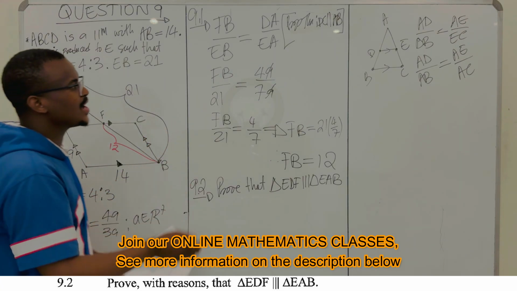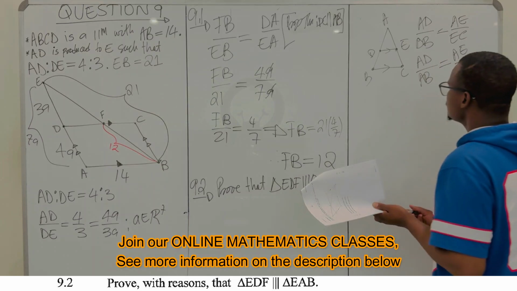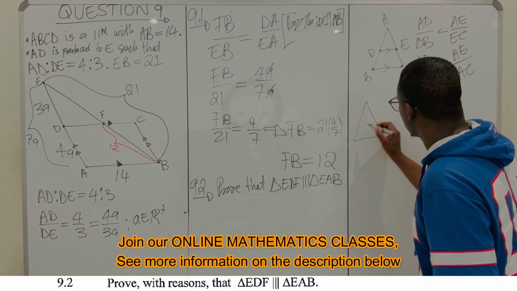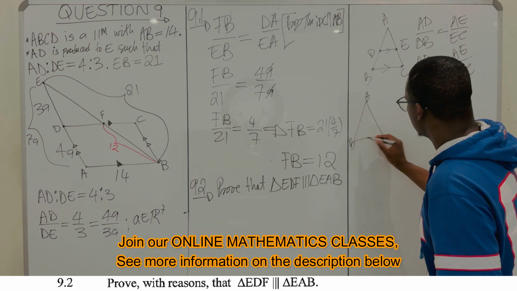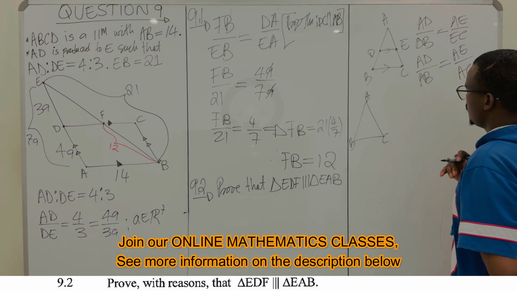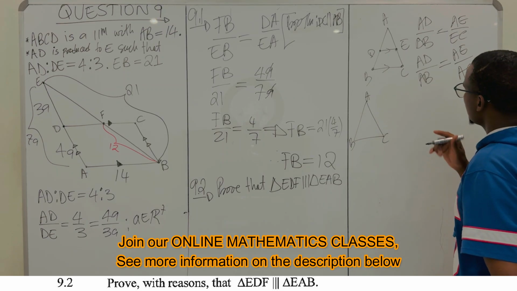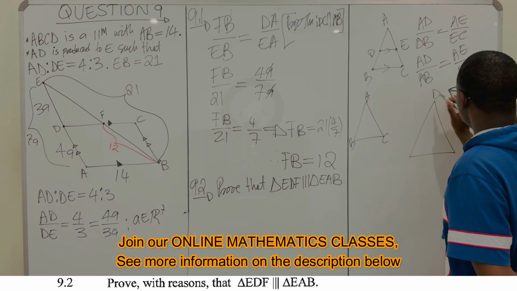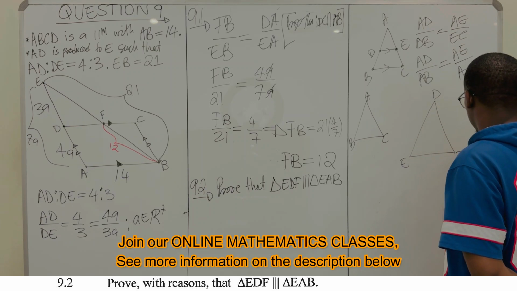Let me make an example here on the side. Let's say we have triangle ABC and triangle DEF.